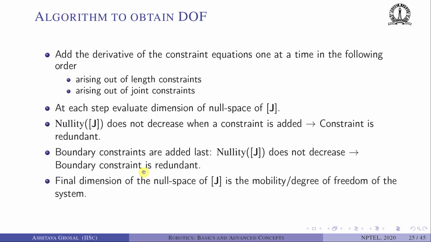The final dimension of the null space is the mobility or degree of freedom of the system. This follows from the theory J times delta x equals 0. So as long as the null space dimension of J after all the constraints have been added, whatever is left, if the nullity is 1, the degree of freedom is 1.